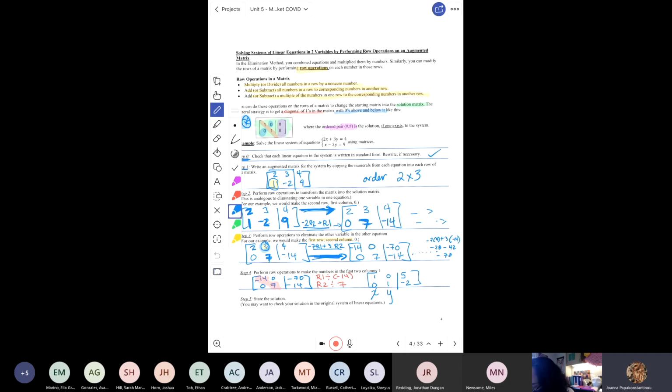These were my coefficients of y, right? That first column is x. The second column is y. So if I were to rewrite this, the equation would be x plus 0y equals 5. 0x plus y equals -2. So I have my solution.